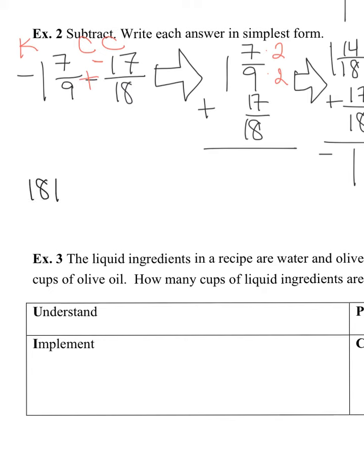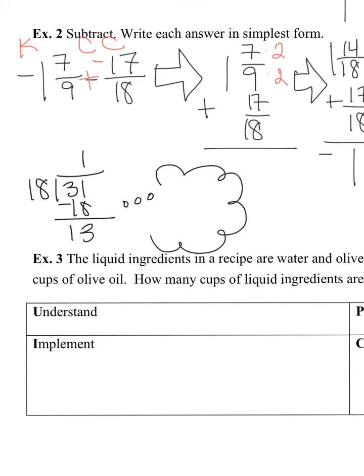As a result, I'm going to think about how many times 18 goes into 31. It's not twice, it's pretty close. And it's going to be 13. That is all we're doing there, is thinking about what 31/18 equals.